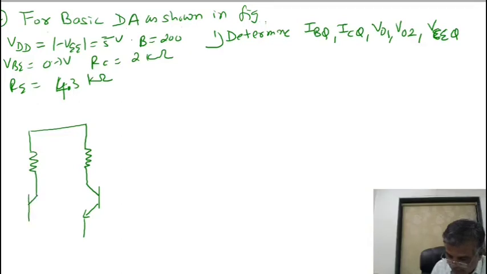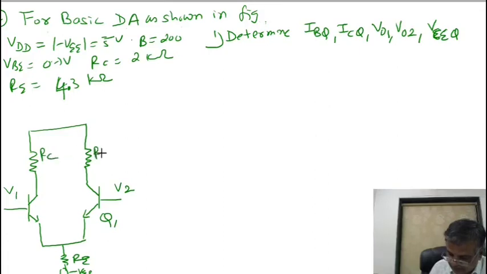This is a very good numerical. This is RE, this is minus VEE, this is V2, this is your V1, this is RC, this is RC, plus VCC.